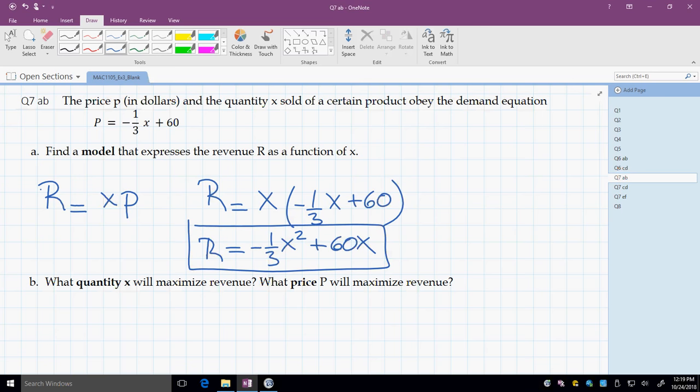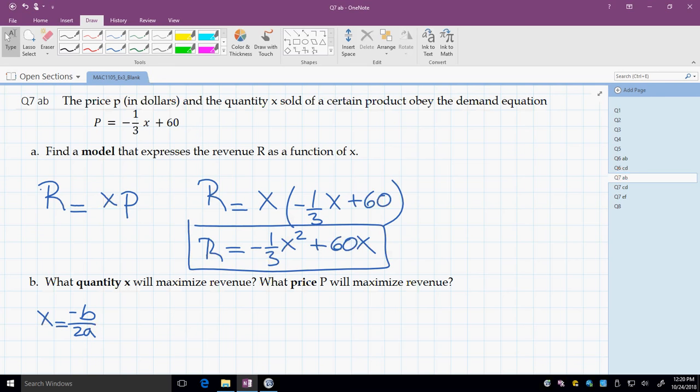Letter B. What quantity X will maximize revenue? What price P will maximize revenue? So to find the maximum revenue, we have to use the vertex formula. Vertex is X equals negative B over 2A.